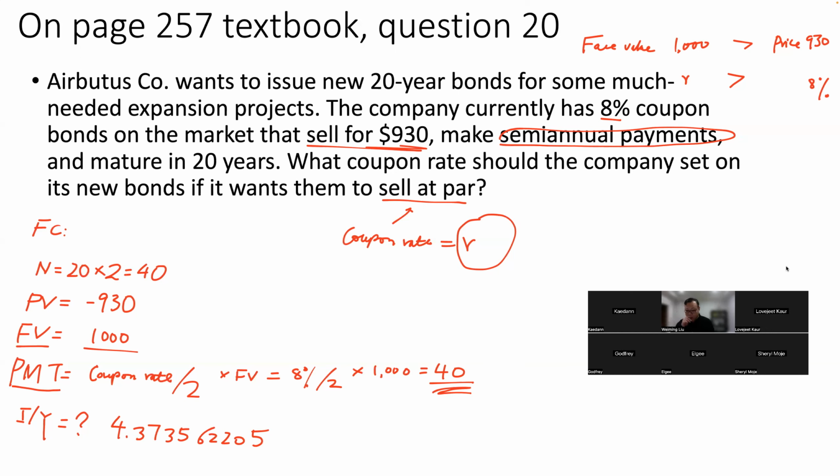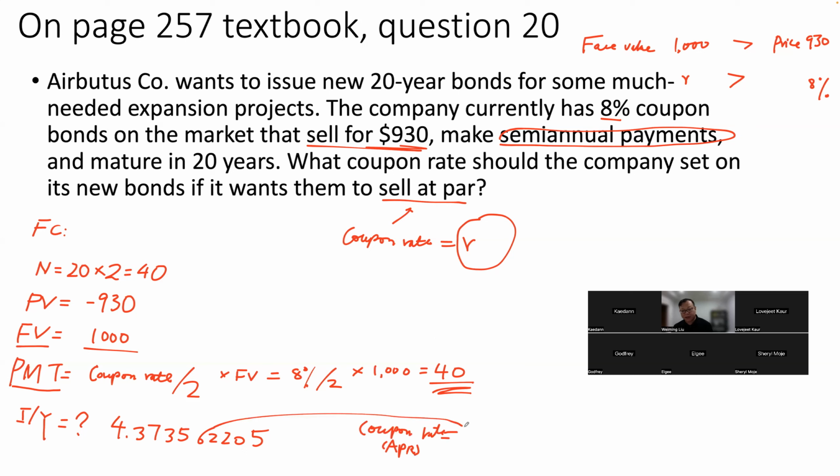Okay, good. So now, make sure you understand here is a semi-annual rate. So to make this an APR, annual percentage rate, you have to multiply this number by 2, right?